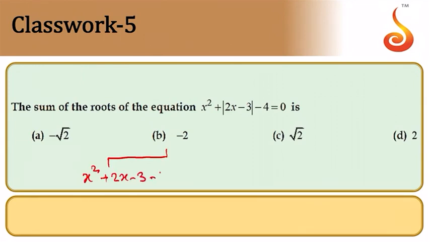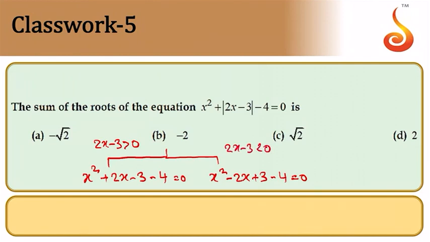Example 5. If sum of roots of equation... actually there are two quadratic equations that will come. One is x square plus 2x minus 3 minus 4, whenever 2x minus 3 is greater than 0. The other case will be x square minus 2x plus 3 minus 4 equal to 0, when 2x minus 3 is less than 0.